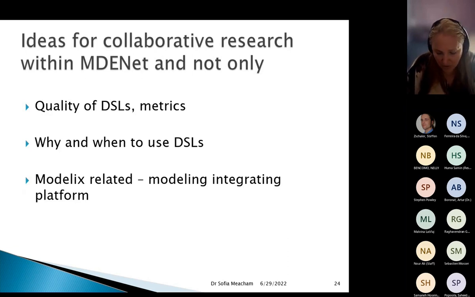Also, there is the theme of why and how we can apply DSLs, which hasn't been formalized more than some informal writing by Markus Voelter. And the last one is about a discussion of how you use models in an integrated way, which is probably towards the modelic direction.